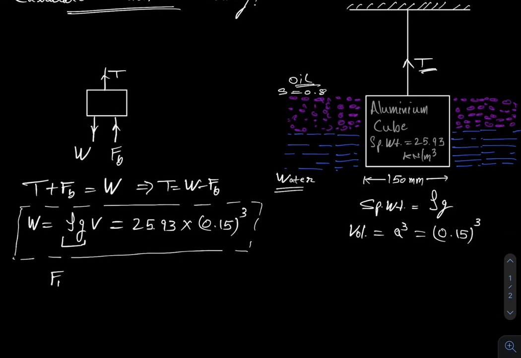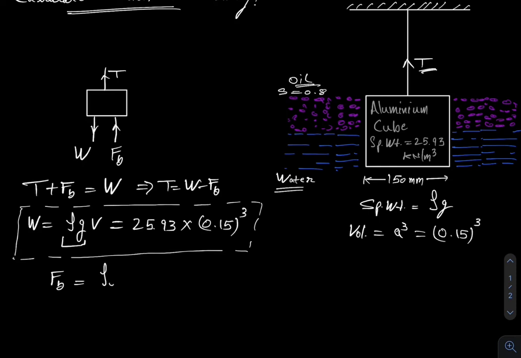What is buoyancy force? Buoyancy force will be equal to the weight of fluid displaced. Here half is displaced oil, half is displaced water. So what will be the equation for buoyancy force? We will write two parts here, one for oil, one for water.